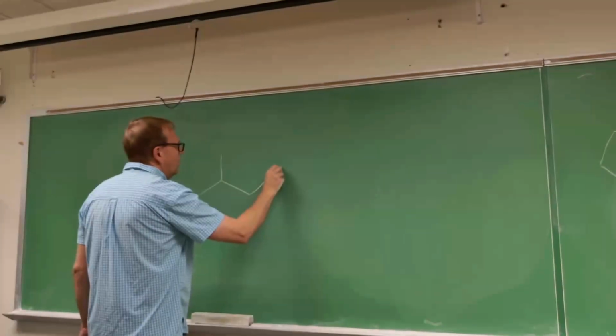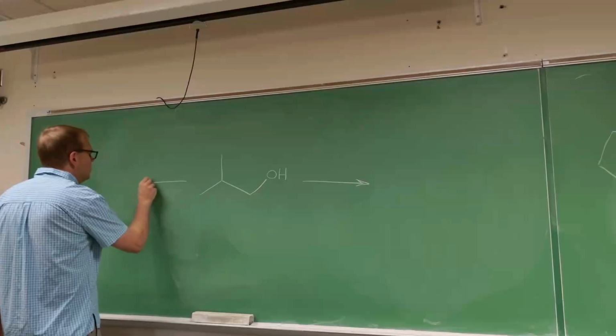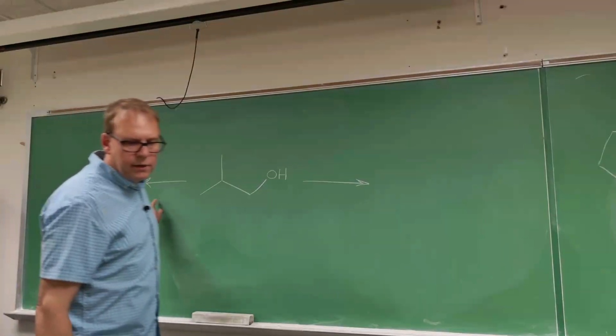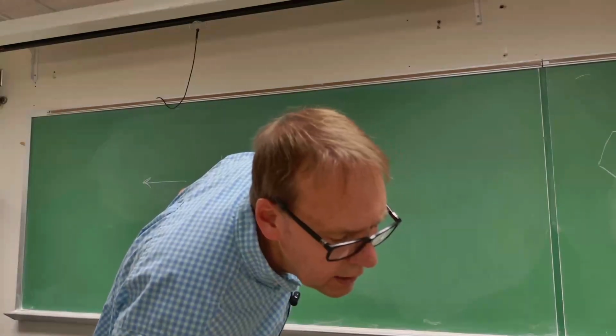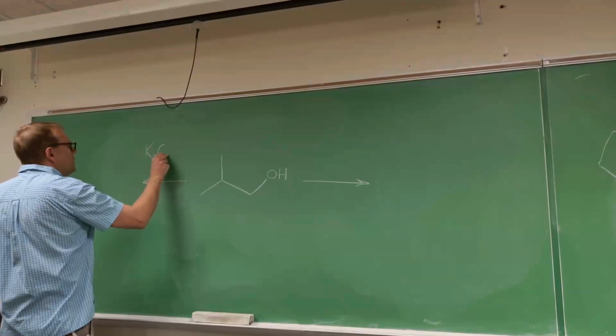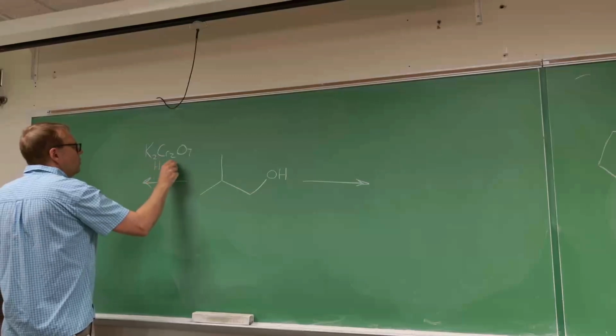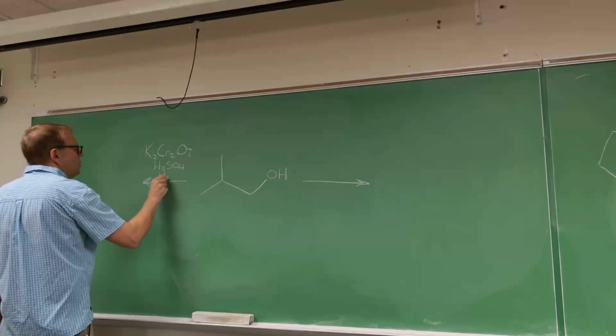there is an alcohol. And there's an arrow going to the right and an arrow going to the left. And above the left pointing arrow is K2Cr2O7, H2SO4, and H2O.